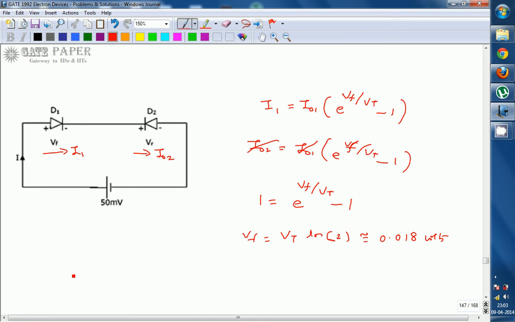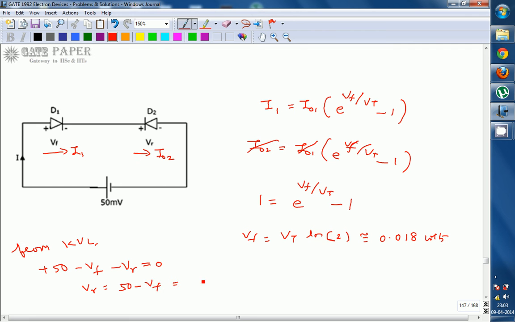So by using KVL, we can calculate the voltage across the reverse bias diode. We can write it as plus 50 millivolts minus Vf minus VR is equal to 0. So VR is equal to 50 minus Vf.